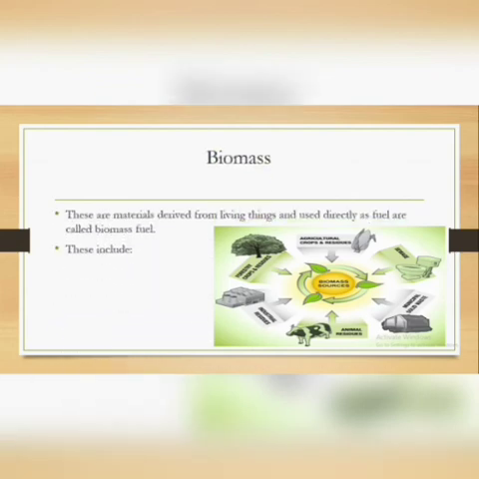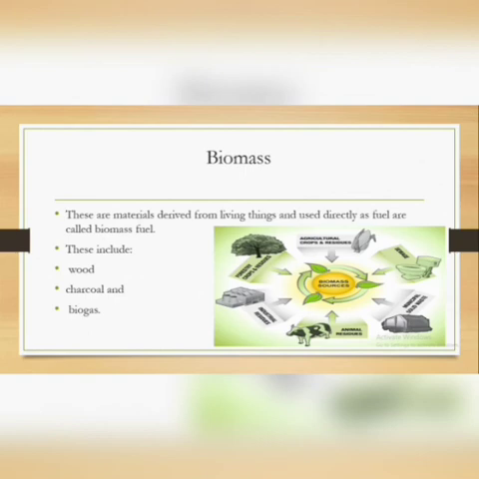Biomass. These are materials derived from living things, and they can be used directly as well, whether you let them decompose or you use them the way they are. Components of biomass include wood, charcoal, and biogas. We also have industrial waste, animal residue, forestry residue, and crop residues.